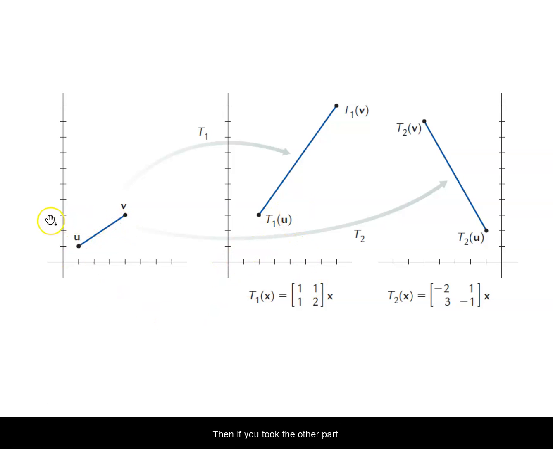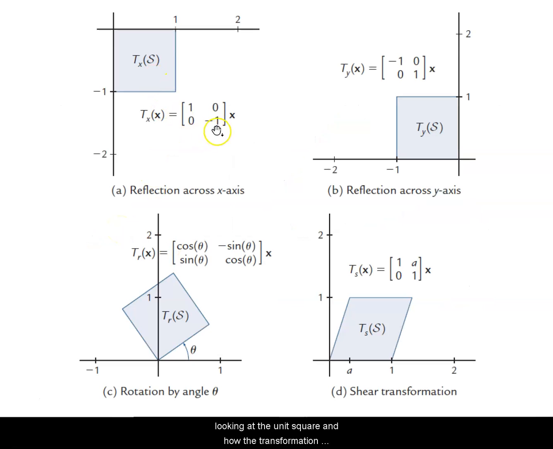And then if you took the upper part and you put it in this transformation, it would go somewhere up here, right? It'll go 4 and then to 8. And so when you draw your parallelogram, this will be the end of it, right? So you'd have to do some extra animations here, some extra drawings to see how you go from here to here. But you can do it by looking at the unit square and how the transformation changes your unit square.